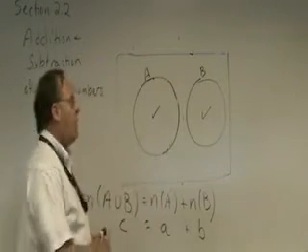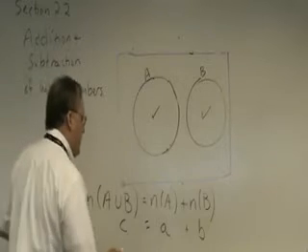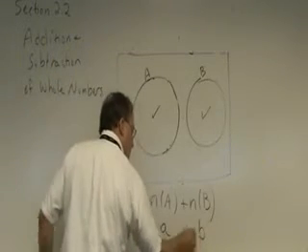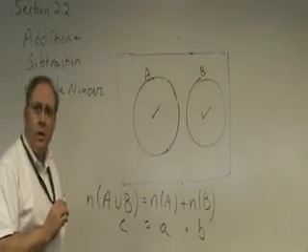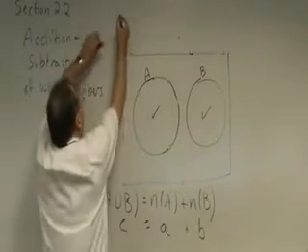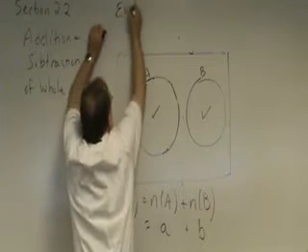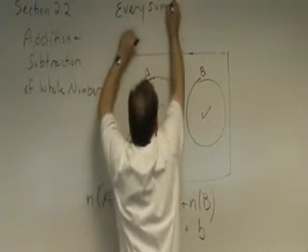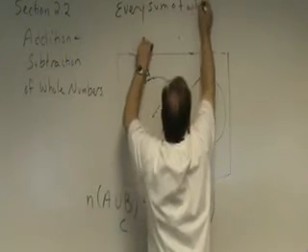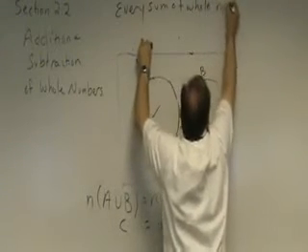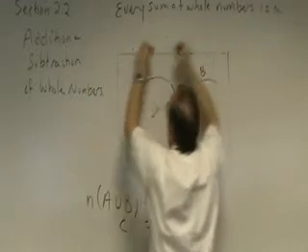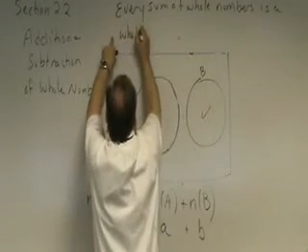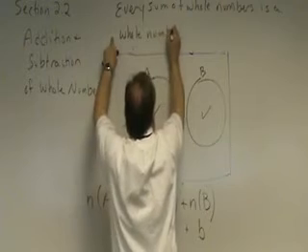then I can talk about the fact that every addition of whole numbers is going to produce a whole number. So every sum of whole numbers is a whole number.